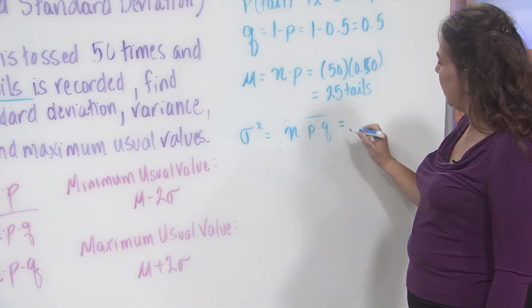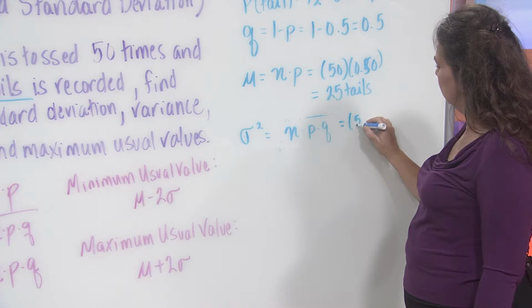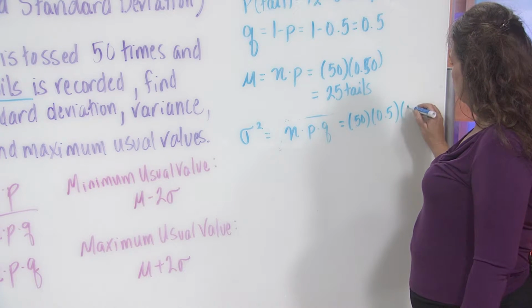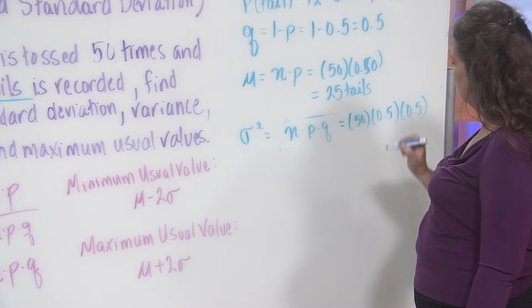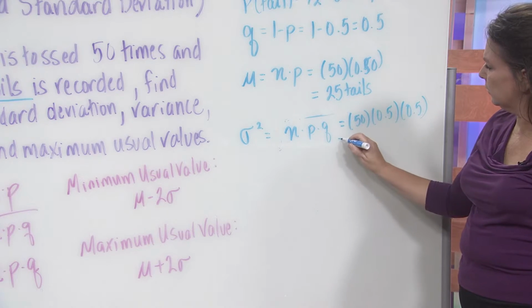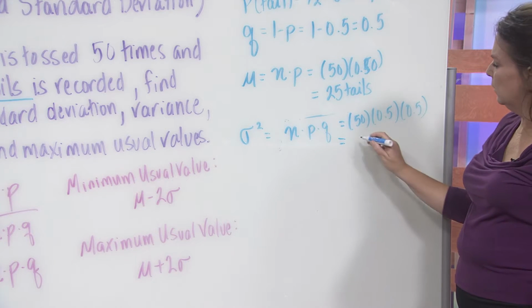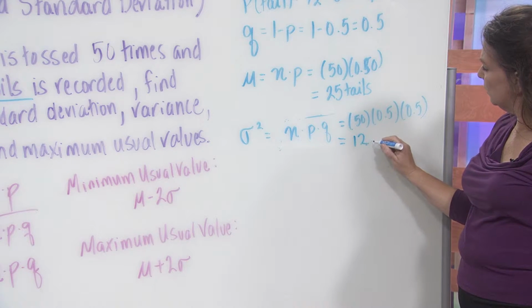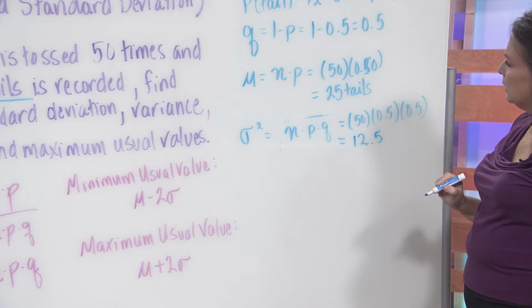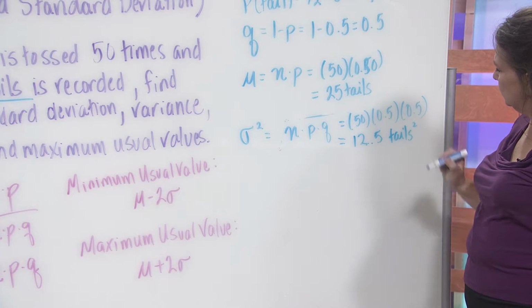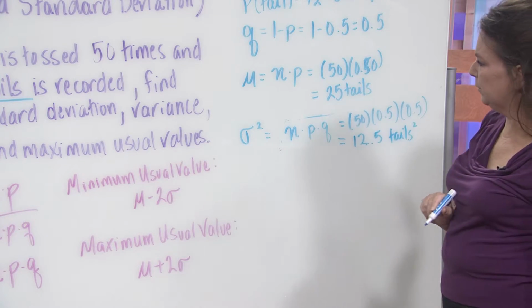So we have n, which is 50, times our p, which is 0.5, times our q, which is also 0.5. And so if we multiply that, we're going to get 12.5, and our units associated with that are tails, and we square those units, tails squared.